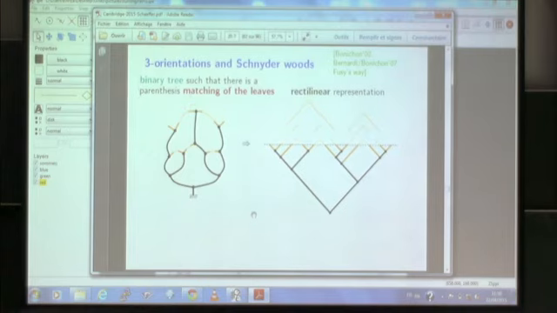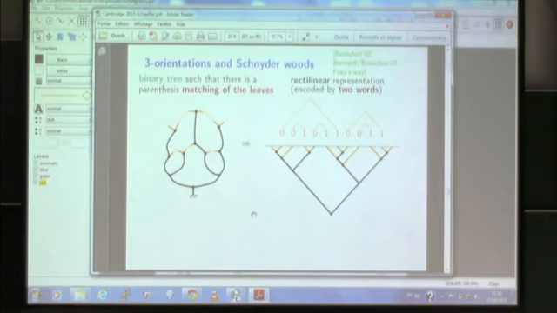So I can try to separate these 2 things and encode them. So for this binary tree, for this matching, I use just the standard encoding by opening and closing parentheses.